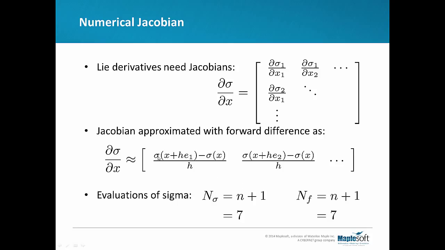These are columns because sigma was a vector valued function to start with. To do this, you have to evaluate n perturbed valuations of sigma, where you have n state variables, and then evaluate it once at the actual operating point itself. So you need 7 sigma evaluations. We also need the derivative with respect to the f function, so you need 7 evaluations of f as well.